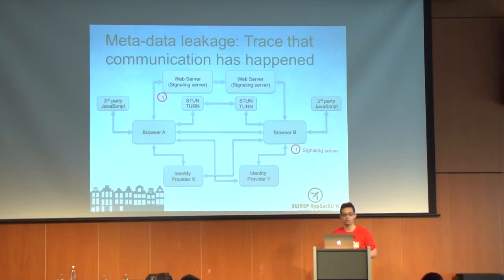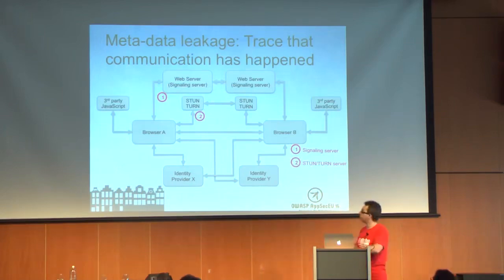For instance, the most obvious one is, of course, the signaling part. The signaling server is sending around the metadata, even with identities, fingerprints, all that information, between browser A and B. So, of course, the signaling server is aware that communication between A and B is happening, because all the control messages are sent via that path. Also important, if you're collecting information via STUN, you're signaling that you want to set up a connection.